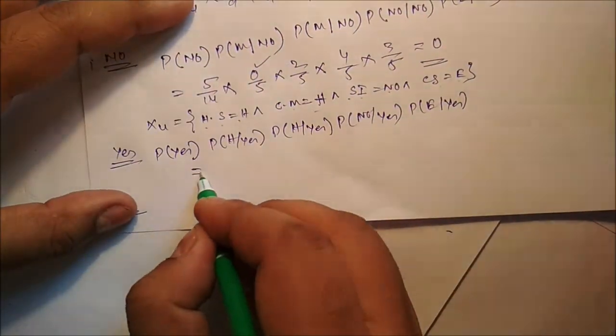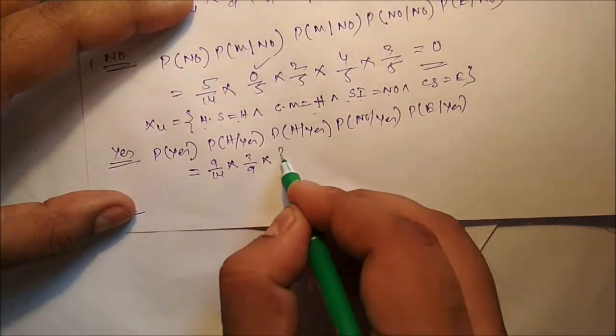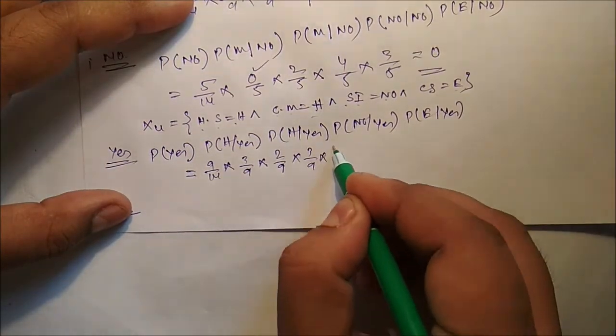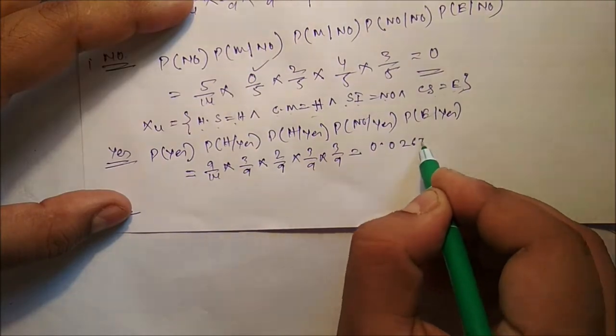If you put the values, it is 9 by 14, 3 by 9, 2 by 9, 3 by 9 into 3 by 9. If you solve it, you get 0.02679.